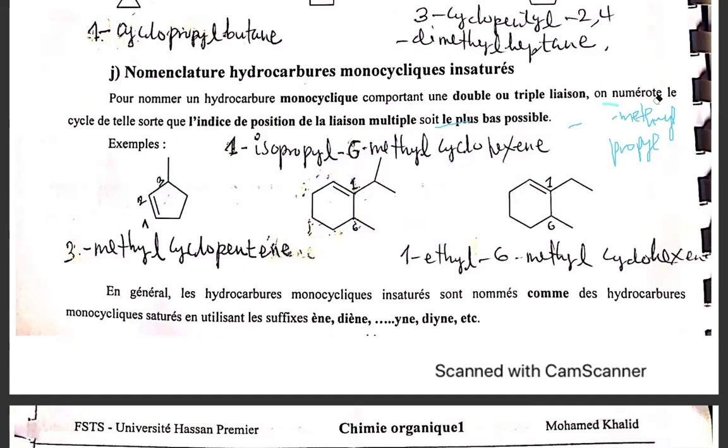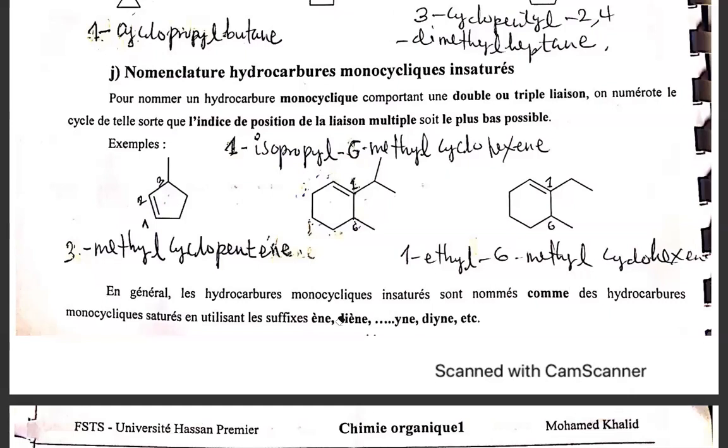Is it clear? What's the question? Yeah, I don't know if I missed something. If you consider the chain and all that, we said when counting the carbons on the branch, we don't start from the carbon that is in the main chain.